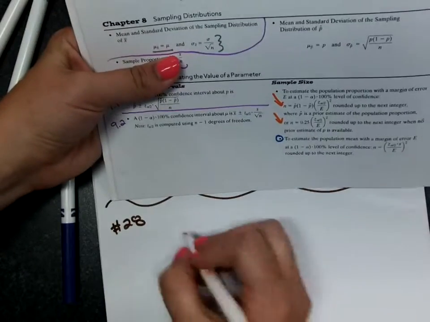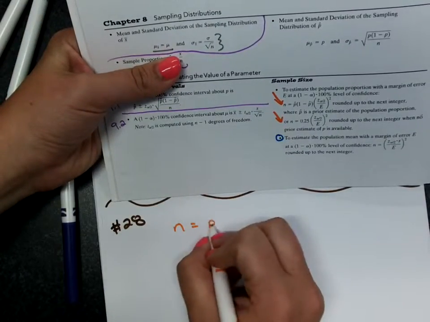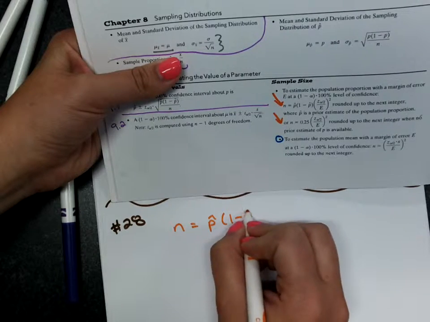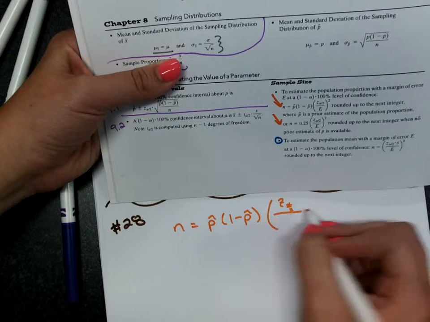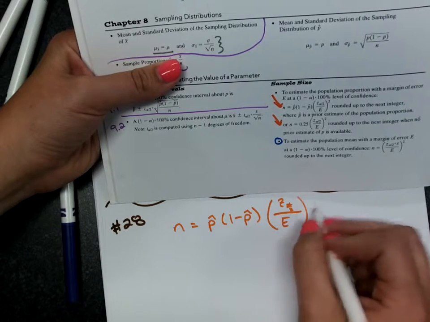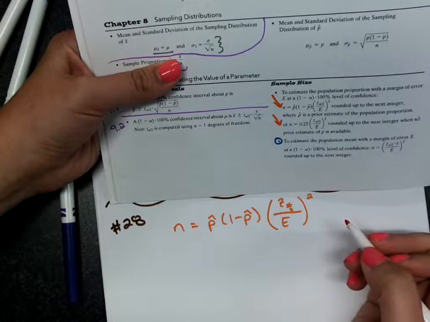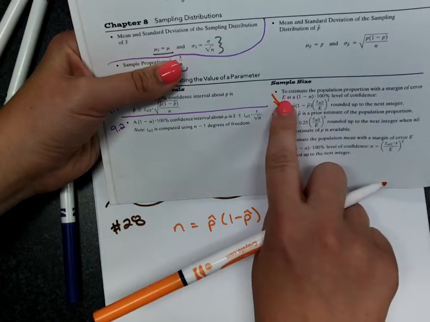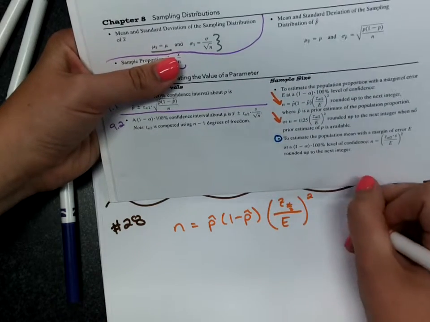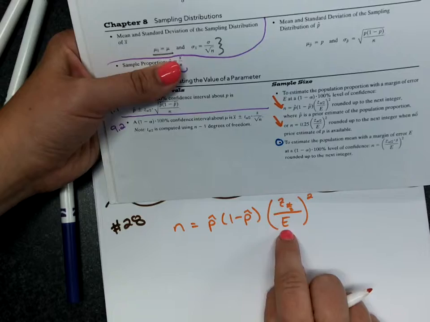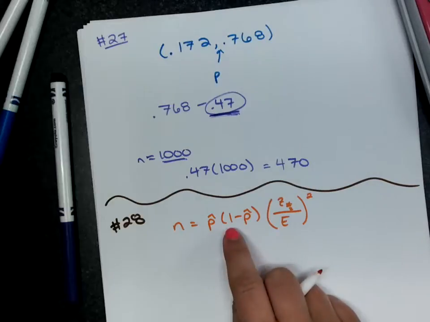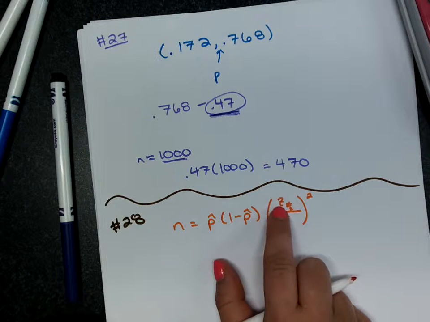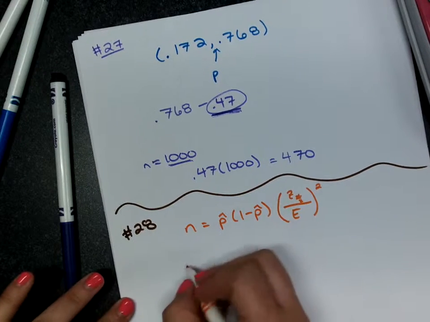So we write that first formula down. N equals p hat times 1 minus p hat times z of alpha over 2 over e, squared. Now e has to be a decimal, a percentage as a decimal. And same thing here, the p and the p hat need to be decimals. Z of alpha over 2 we'll also have to look up.